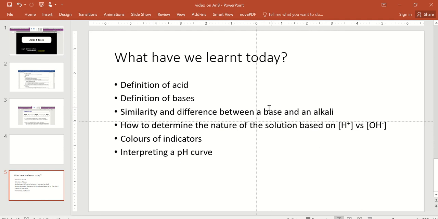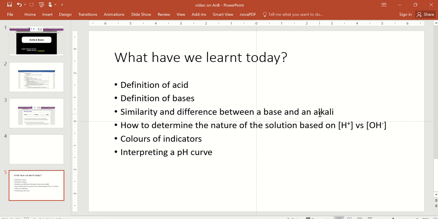A base includes both soluble and insoluble versions of metal oxides and metal hydroxides, but the alkali is only the soluble version of a base. All right, so this is the soluble version. This can be both soluble and insoluble.